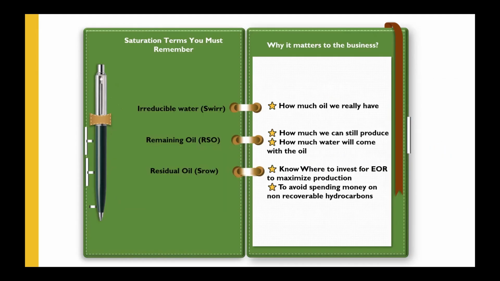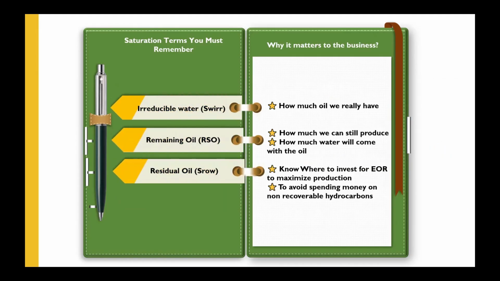From this slide, I want to affirm in brief, these saturation terms are not just technical definitions, they are used to derive business decisions. The irreducible water tells us how much water will always be present in the reservoir, and therefore we can know how much oil we have on the ground.